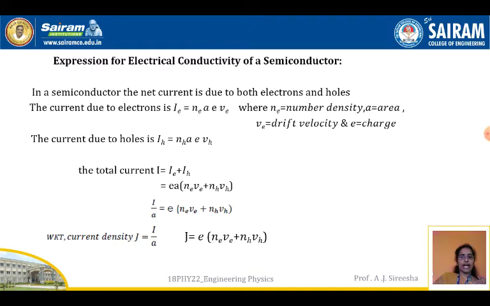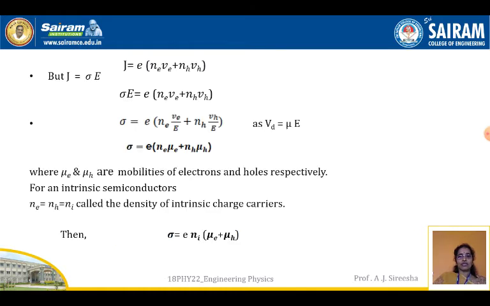But we know that I by A is nothing but J. Rearranging the terms, we get J is equal to e into Ne Ve plus Nh Vh. J is nothing but the current density.